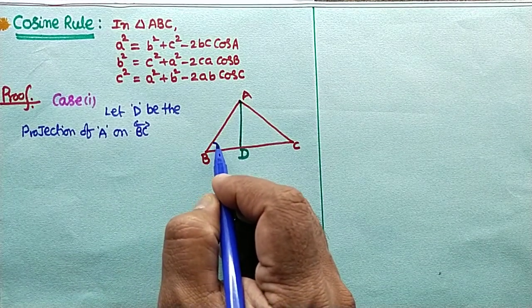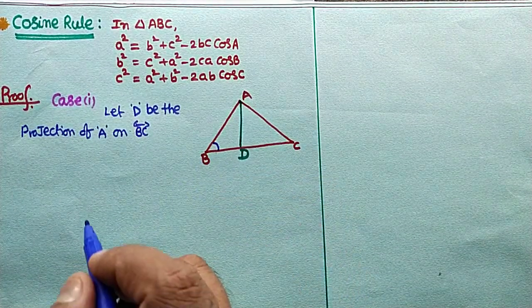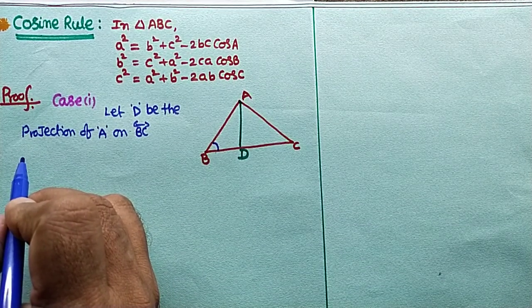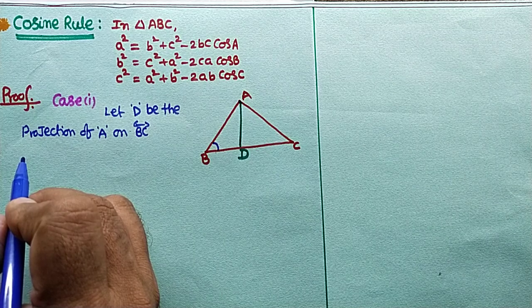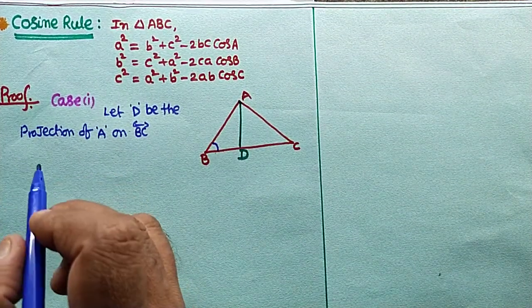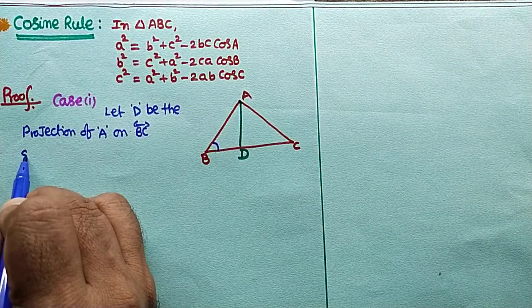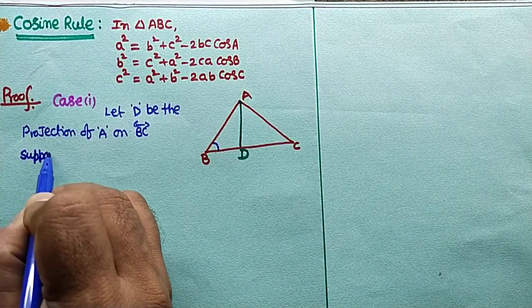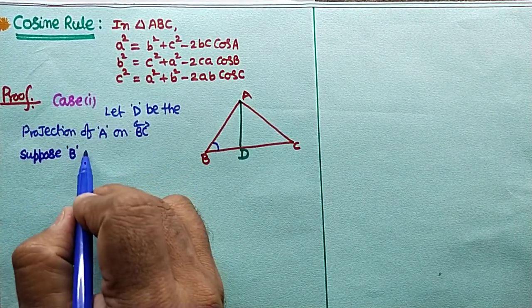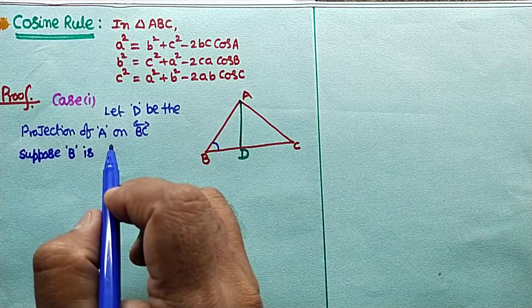Here we observe that it is less than 90 degrees. In the sine rule we had taken A as acute, obtuse and right angle. In this case I am taking angle B. Suppose B is an acute angle.